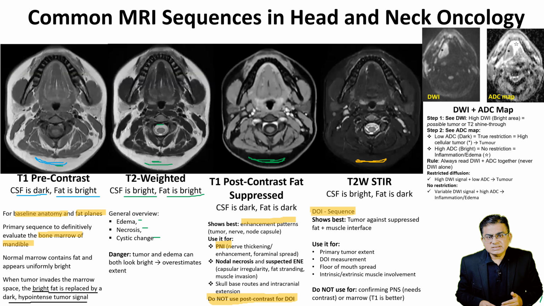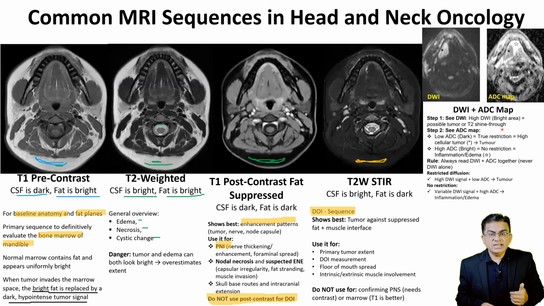Furthermore, STIR sequence mitigates the magnetic susceptibility artifacts caused by dental amalgams. Standard chemical fat saturated images are routinely destroyed by these dental artifacts, but STIR remains robust. You need to know one more sequence of MRI. It is called DWI, diffusion weighted imaging, and ADC, apparent diffusion coefficient map.